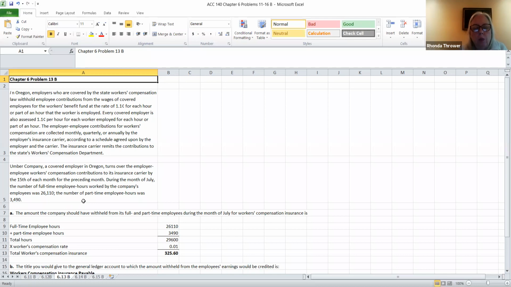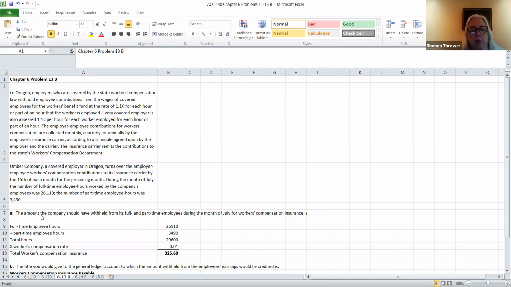The number of part-time employee hours was 3,490. What they want you to do is compute the amount the company should have withheld from its full and part-time employees during the month of July for workers' compensation insurance.